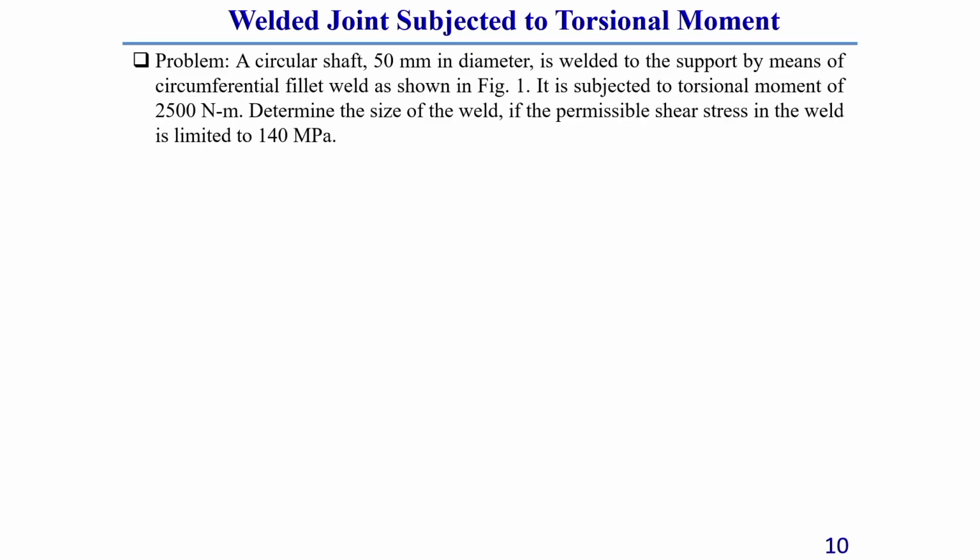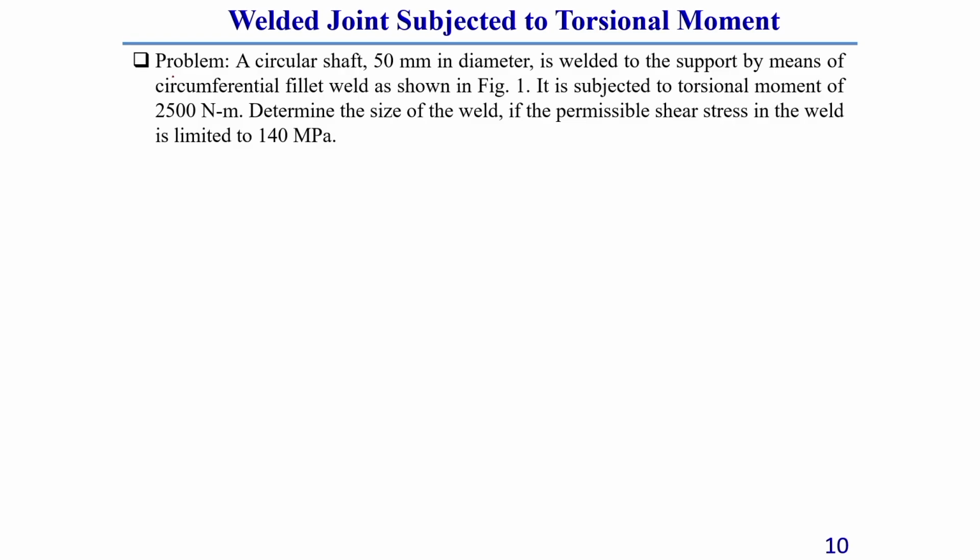Now, one problem on this I will solve first, then it will be very clear to you. For the problem related to weld joint subjected to torsional moment, I am going to show how to design a structure.